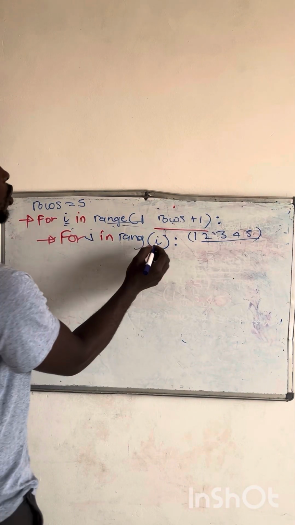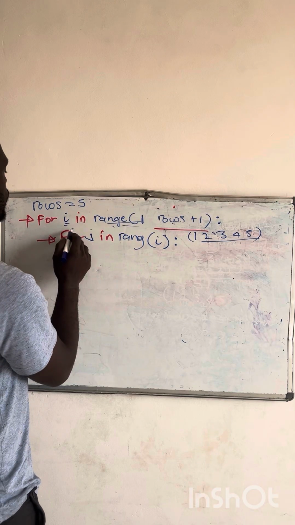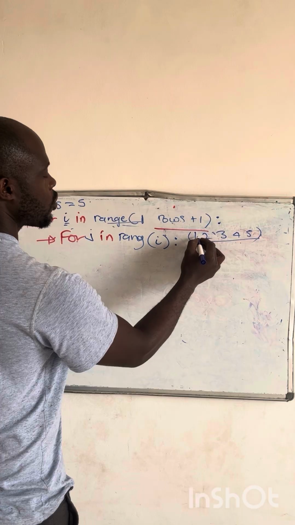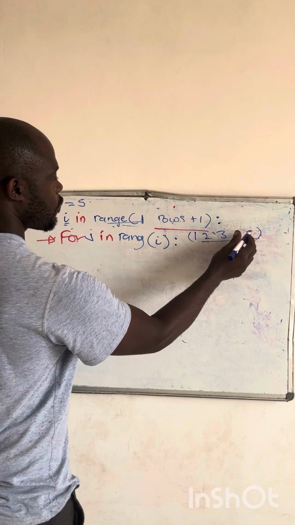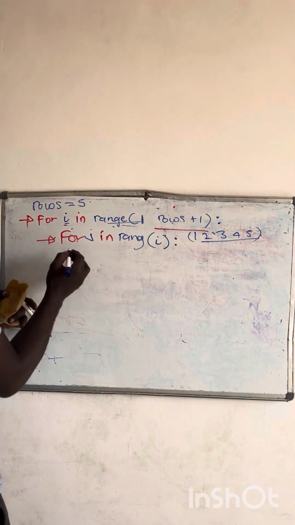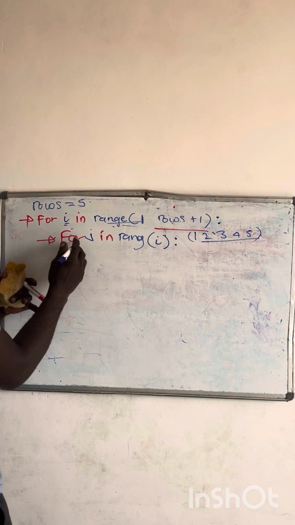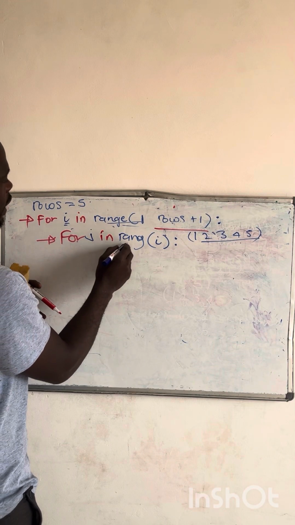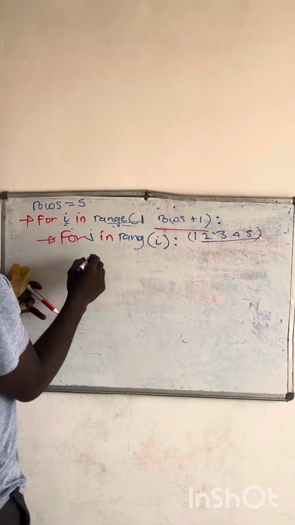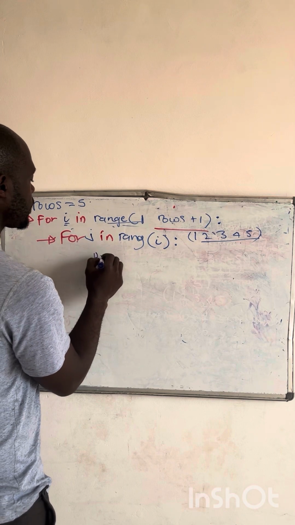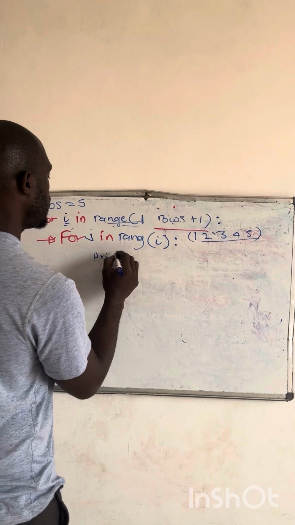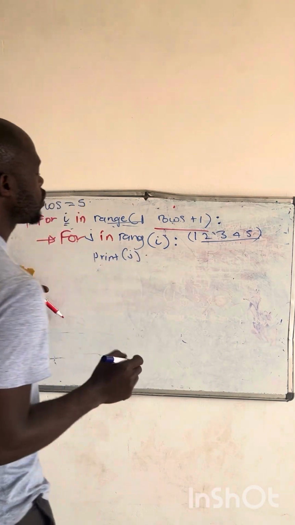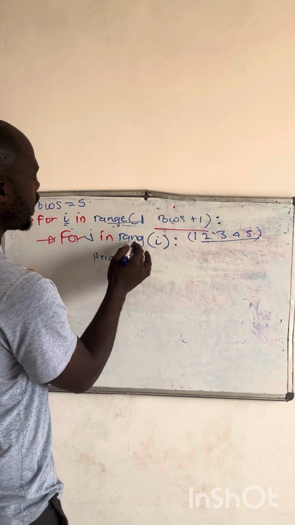Remember, if we are to print i, it's going to print 1, 2, 3, 4, 5, okay? But now in the inner loop, we are saying for j in range i. So if we are to print j, at this point, we are saying for j in range i.